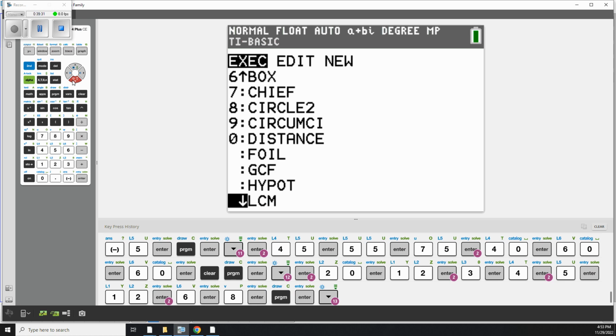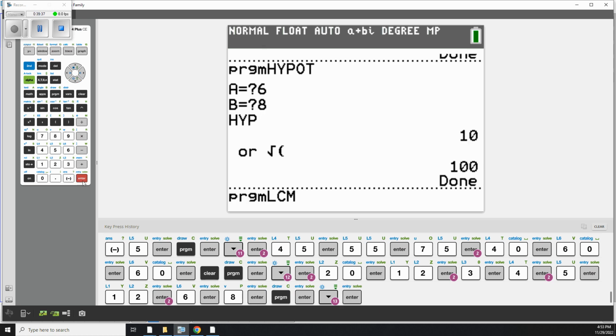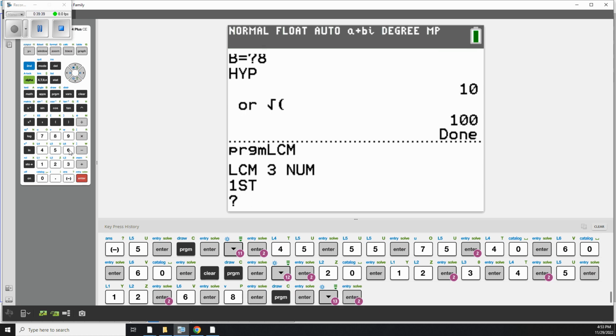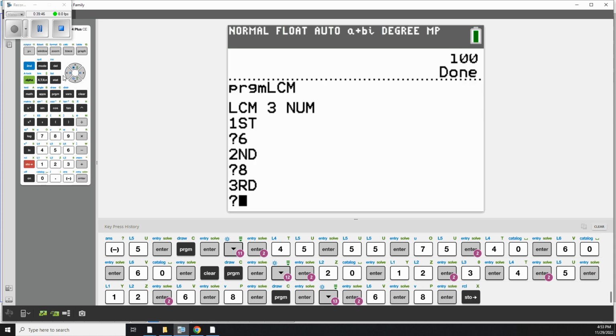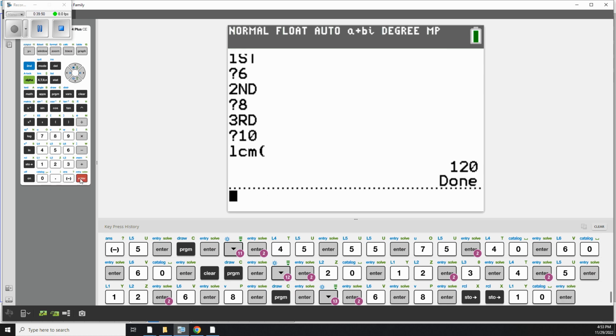Least common multiple. It works just like GCF. You hit the 3 numbers, and out comes the LCM. Let's say it's 6, 8, and 10. Oops. Least common multiple is 120.